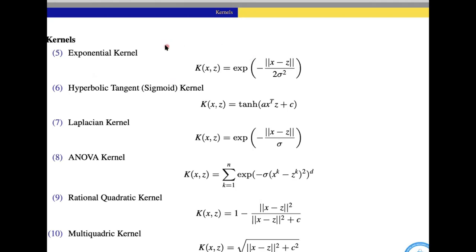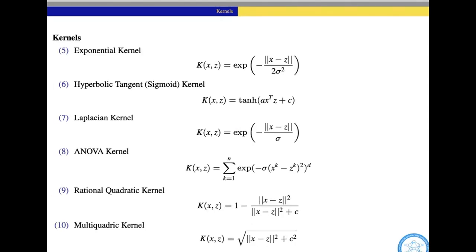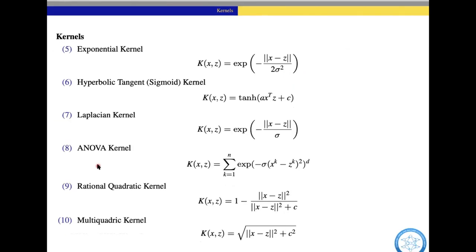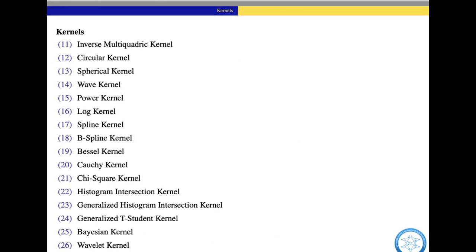Why not just choose this? Well, the answer is, if you want your problem to have high accuracy, you have to match the kernel with your problem. Can I just pick a particular kernel here and expect my SVM to run with good performance? It will not give you good performance unless you match the kernel to your problem. And since there are many types of problems, you have many types of kernels available. Since I don't know your problem, I cannot give you specific advice.